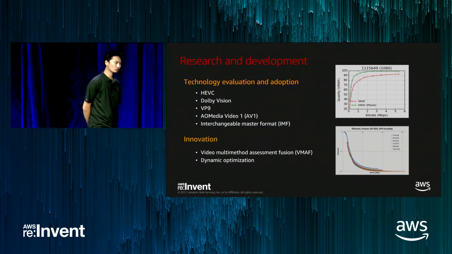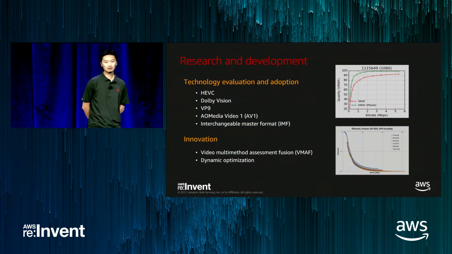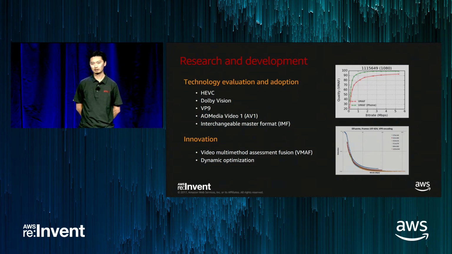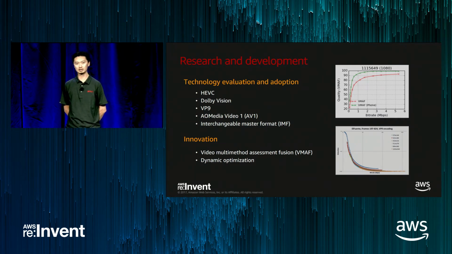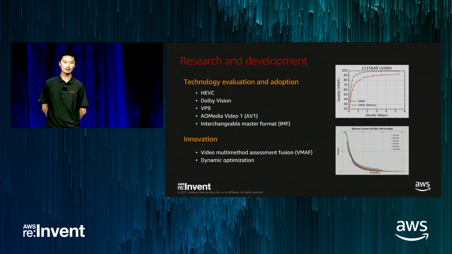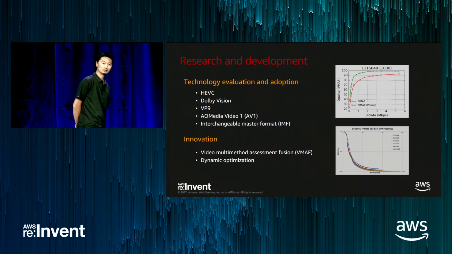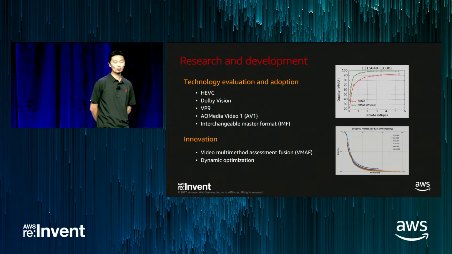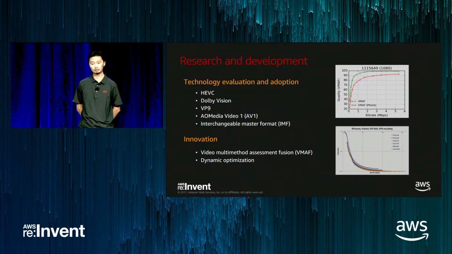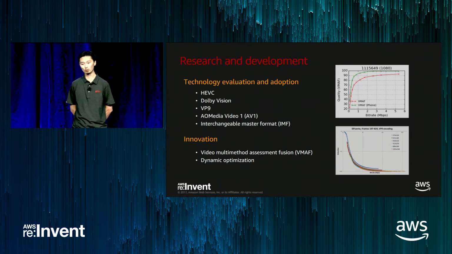We haven't talked about research and development. In the world of encoding, there's a very fast pace of change. We always have new codecs, new profiles, and we have HEVC, HDR, Dolby Vision. We have VP9 for our mobile outputs, for high compression and with great quality.